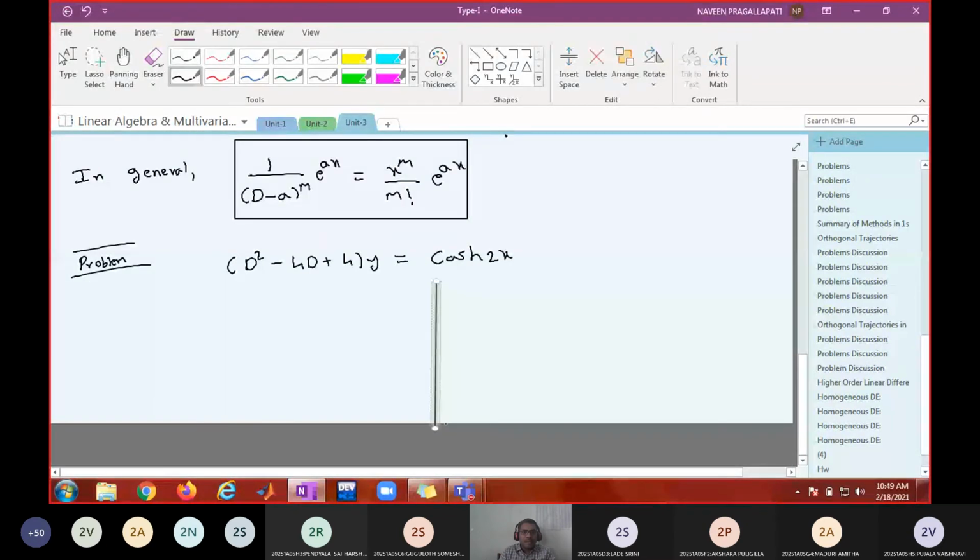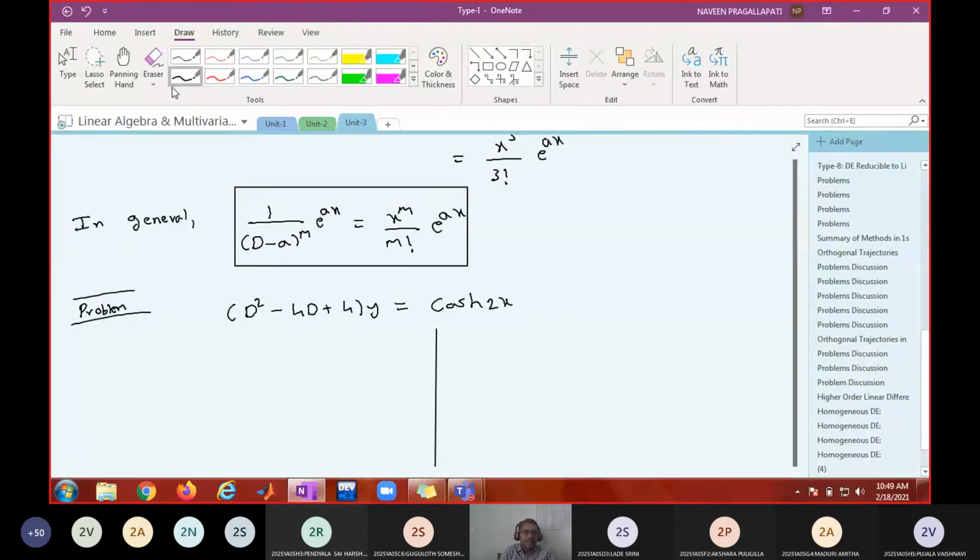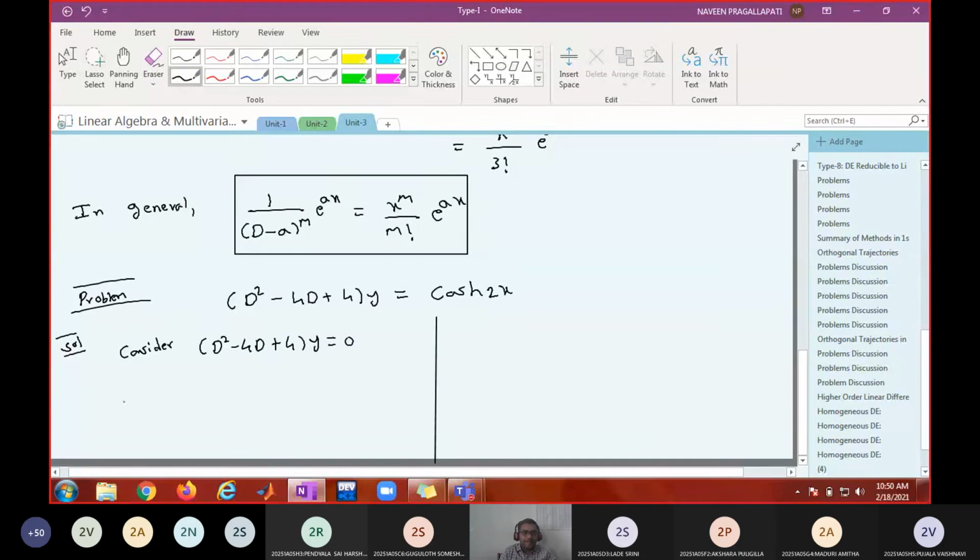First we'll consider the homogeneous D.E. What is the homogeneous D.E.? d square minus 4d plus 4 of y equal to 0. Now what is the auxiliary equation for this? r square minus 4r plus 4 equal to 0.